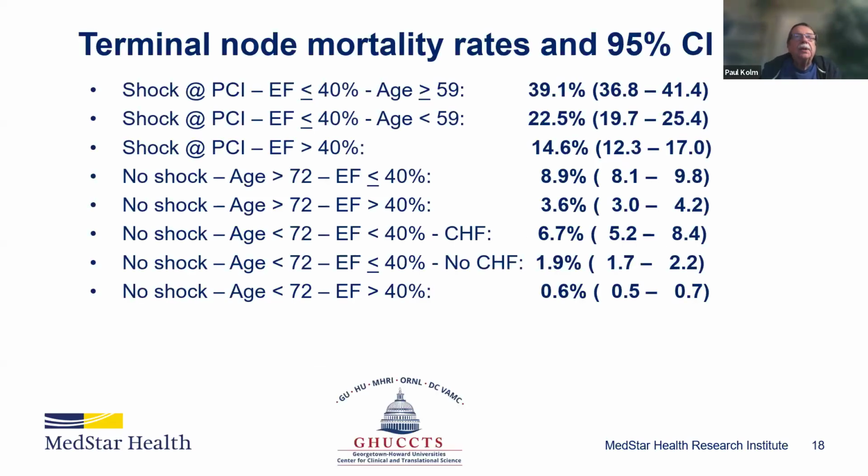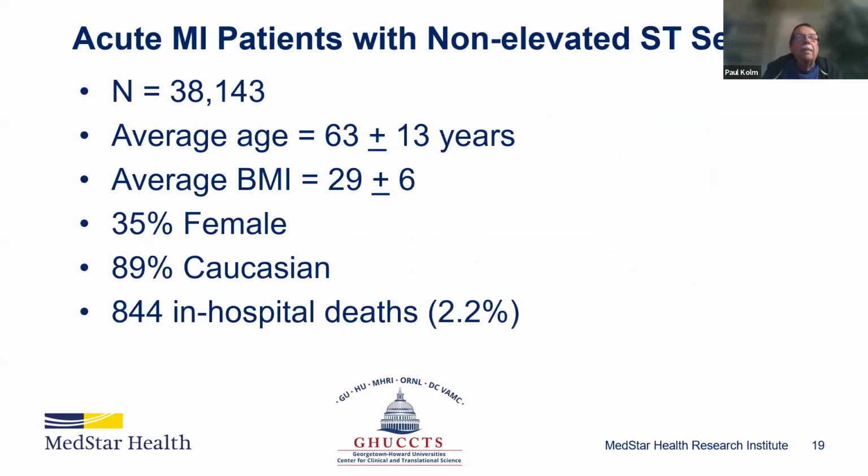This is just a table of the terminal node mortality rates and 95% confidence intervals. You can see our largest mortality rate there is shock, ejection fraction less than 40%, and age greater than 59, and then so on through the different terminal nodes.